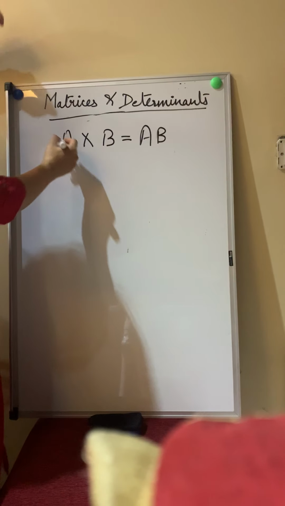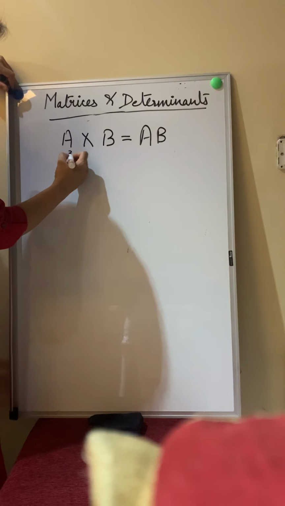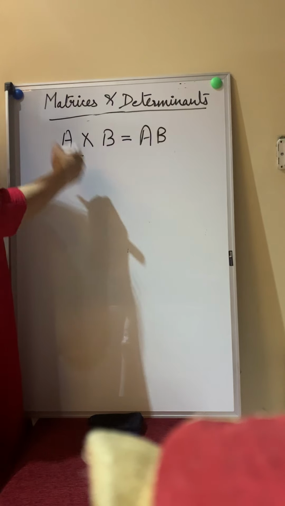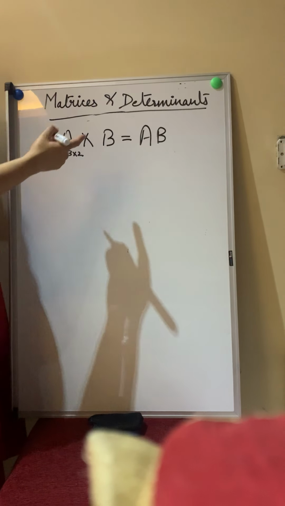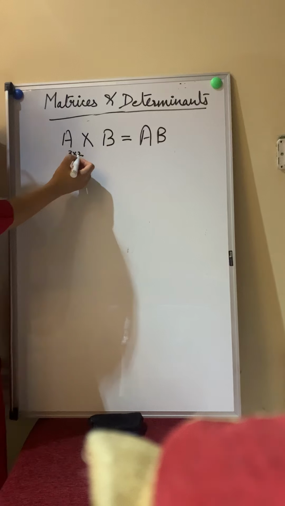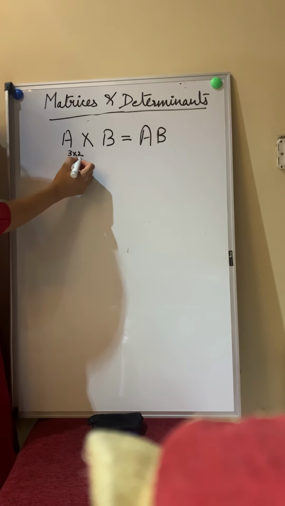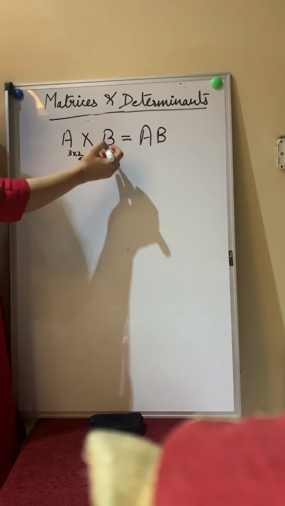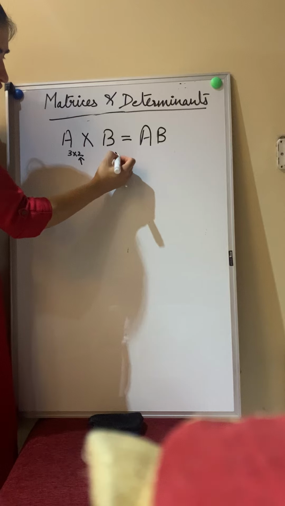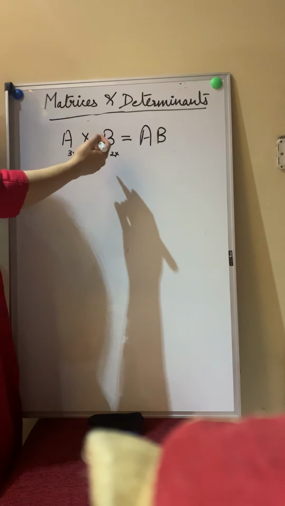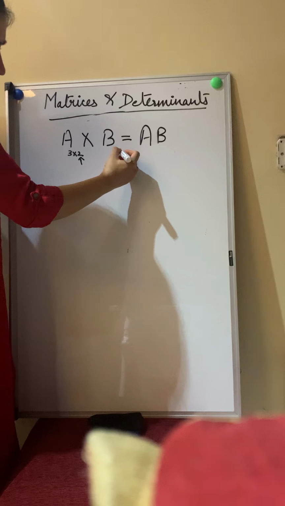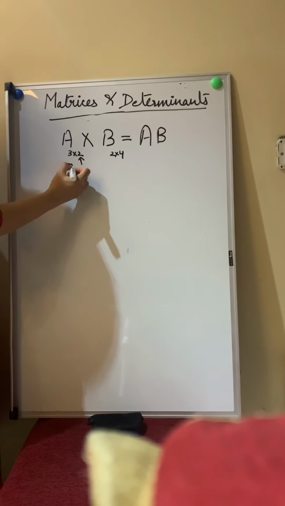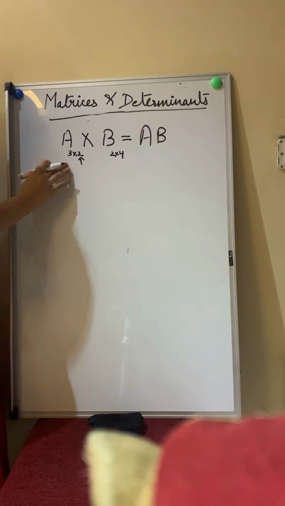Now, if the order of matrix A is 3:2, the order of matrix B should be such that the number of columns of matrix A should be equal to the number of rows of matrix B. So this 2, this is m into n, and this is m into n.